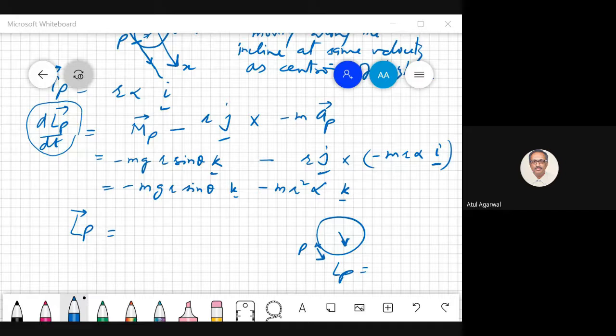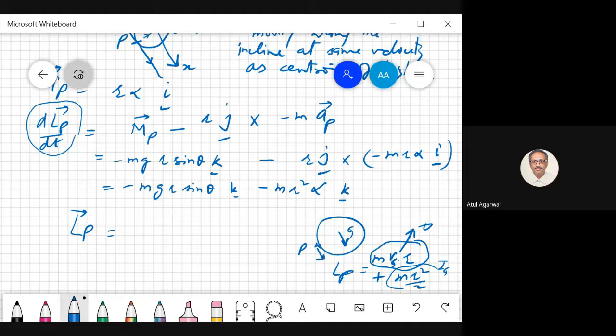LP is, look, what we used to do was MVR plus mr square by 2, this was your IG, and this was the velocity. But what is happening is this point P and point G have the same velocity, so this term will go to 0.